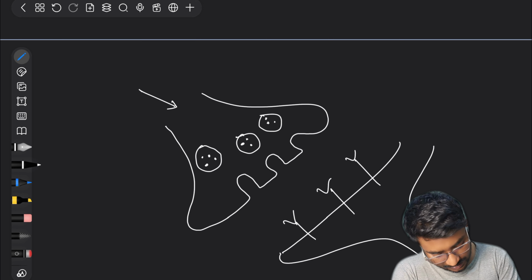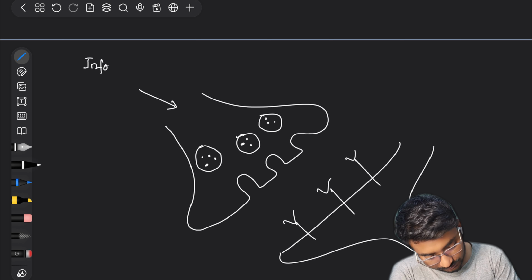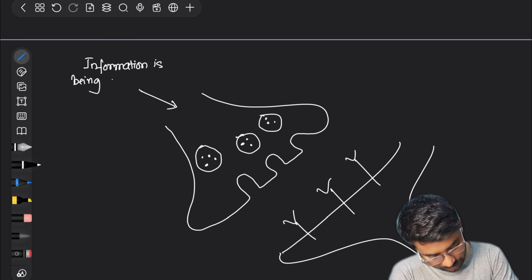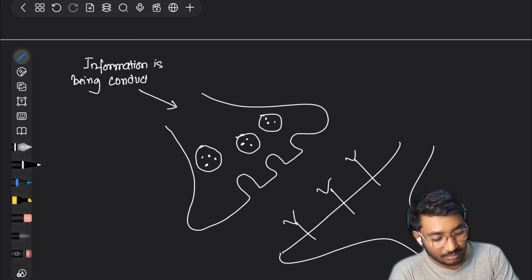From here, information is being conducted till the axon terminal.